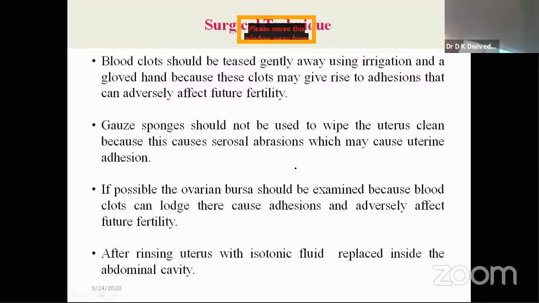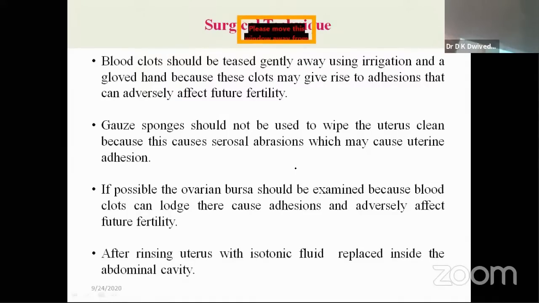Now, as far as possible, you should not use gauze sponge to wipe the uterus. Okay, because that may lead to serosal abrasions and which may cause uterine adhesions. So try to avoid gauze sponges to wipe the uterus during the surgical procedure.